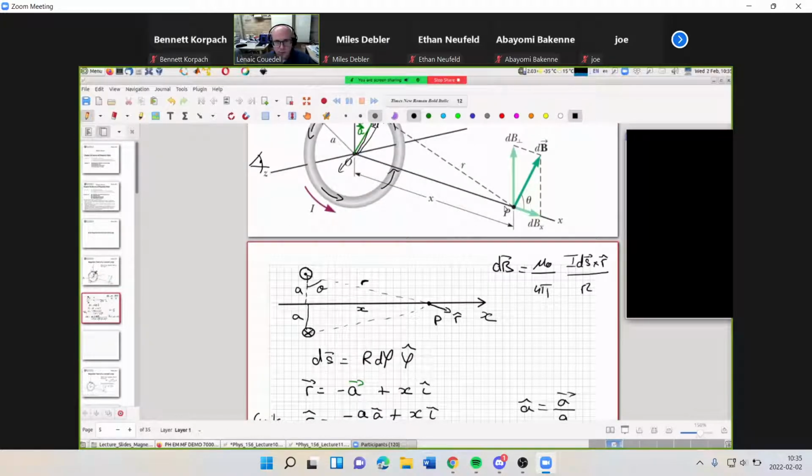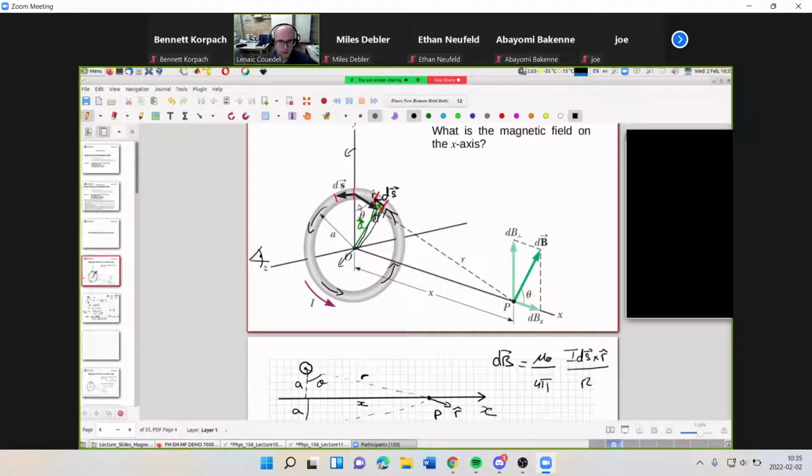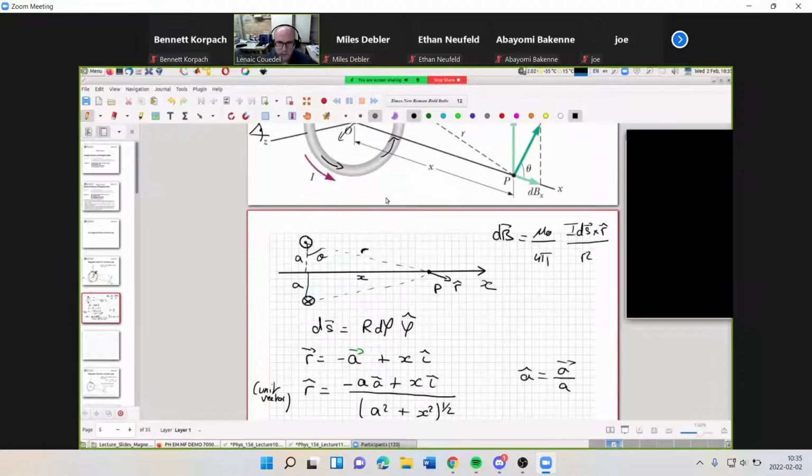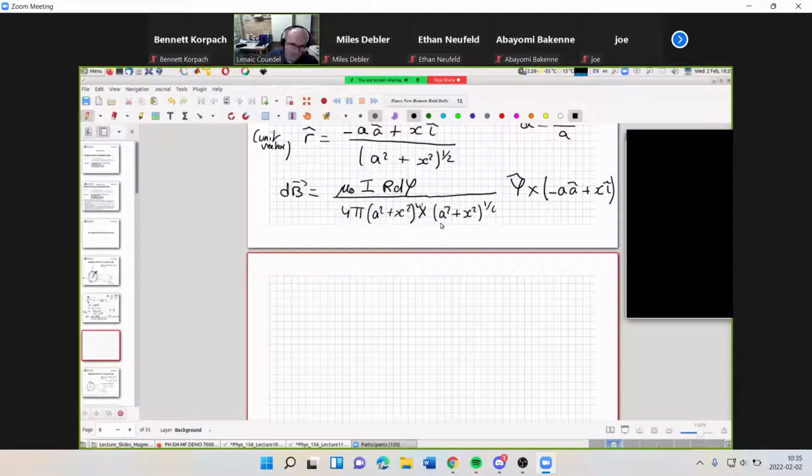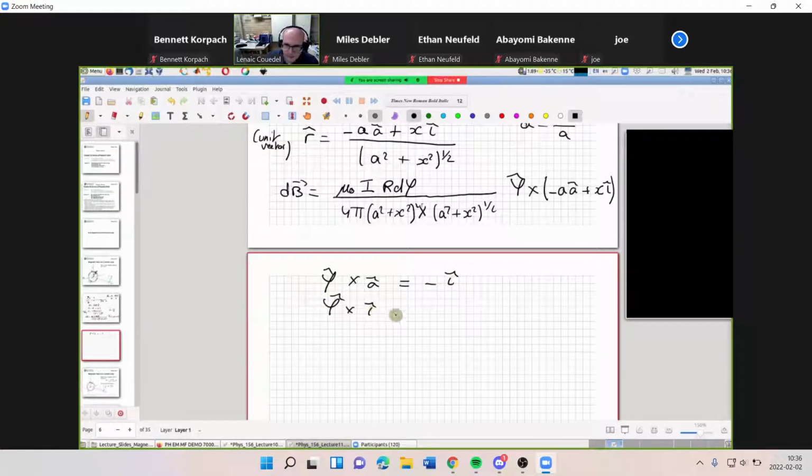I hat and a hat, wherever you are on the circle, you also know it's just along the radius. So if you use the right-hand rule, you will see phi hat cross a hat will give you minus i hat, and phi hat cross i hat equal a hat.